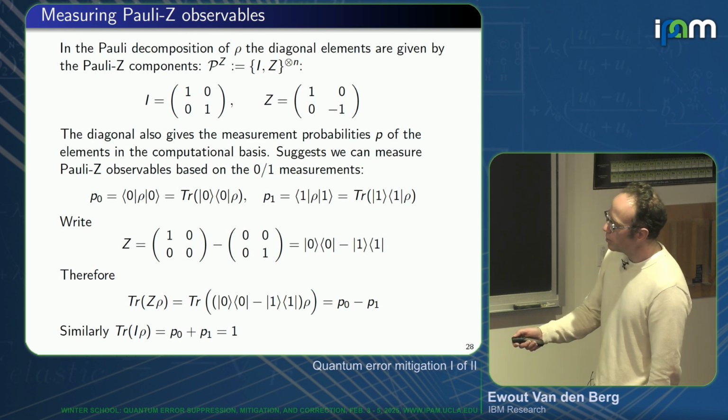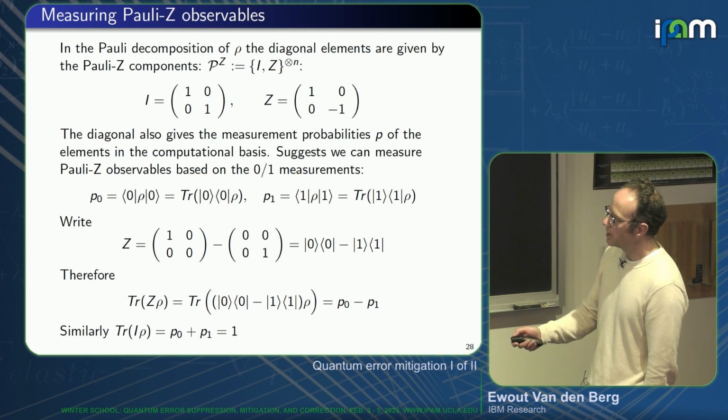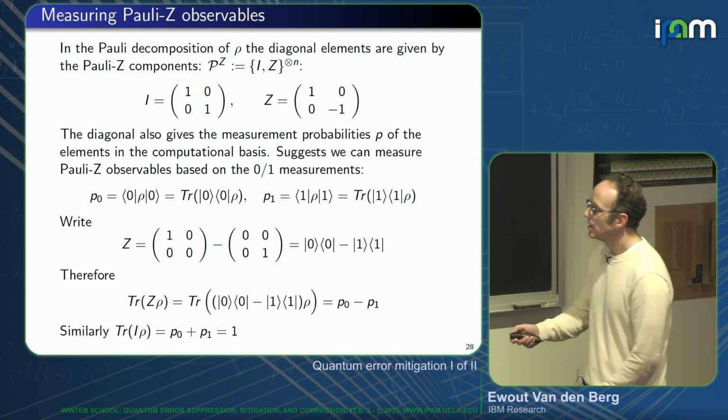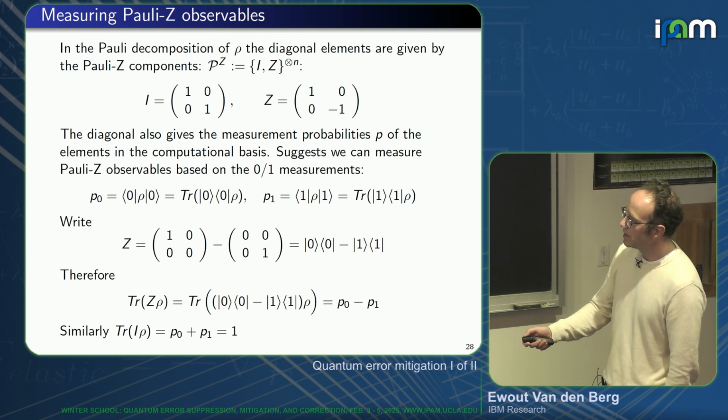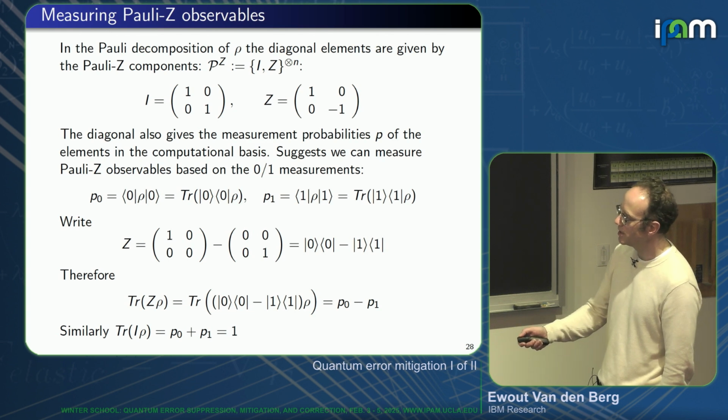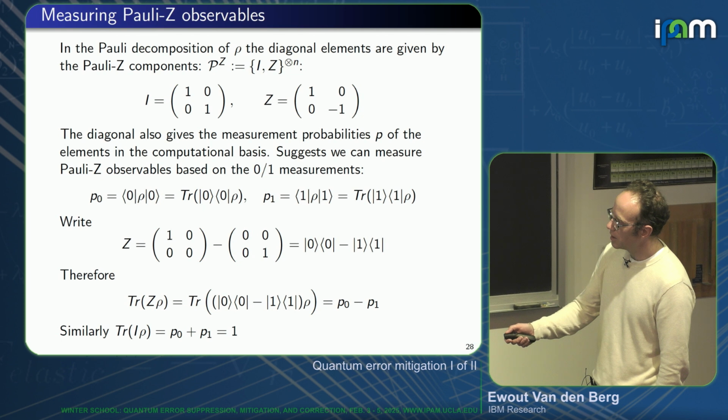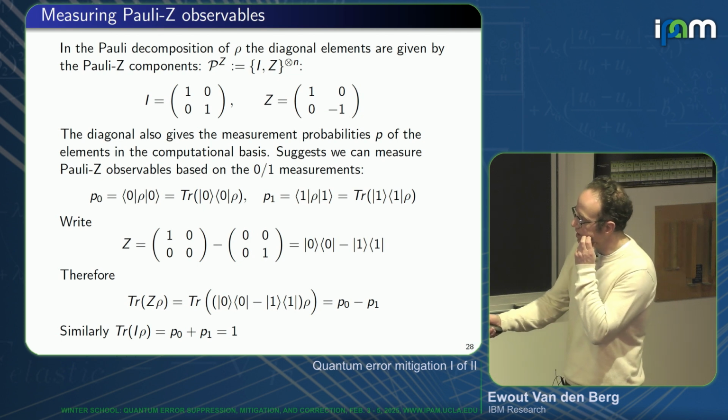Now, if you explicitly write out this operation, this is just a 1 in the upper left corner. The 1, 1 is just the 1 in the lower right corner. So the Z matrix is just this expression minus this one, right?